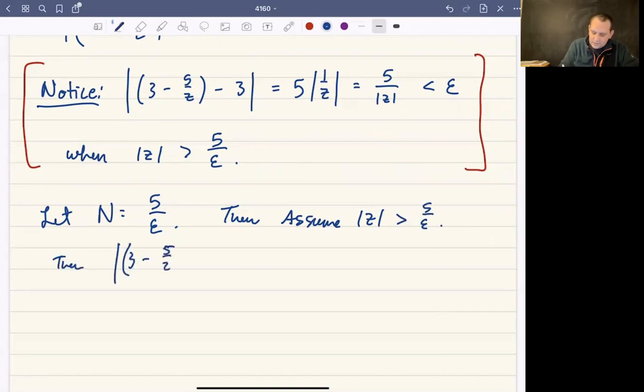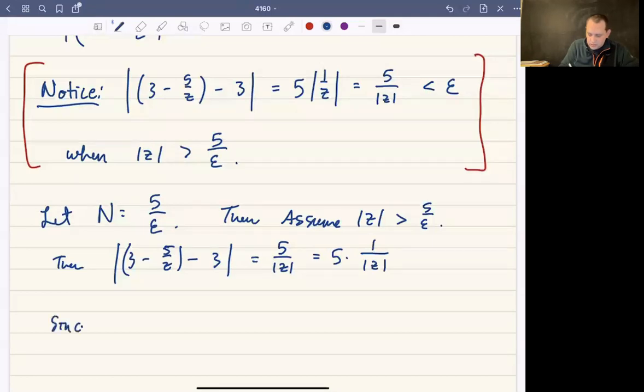Then the absolute value of f of z minus L, like we've already done, is going to be 5 over the absolute value of z. Notice that the modulus of z is greater than 5 over epsilon, so here I think it's useful to write this as 1 over the modulus of z.